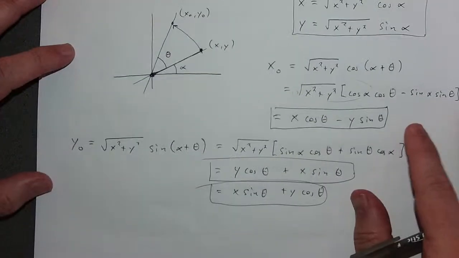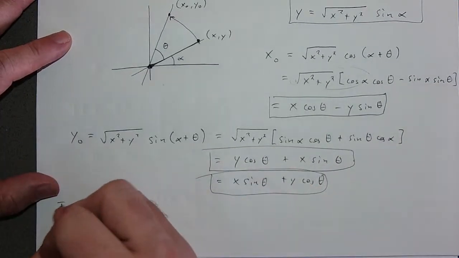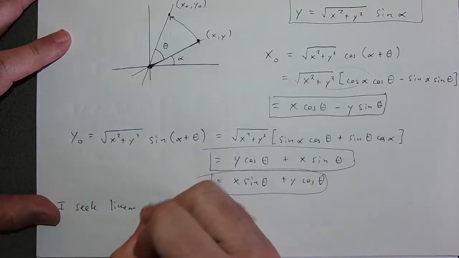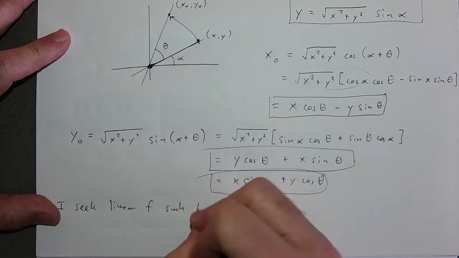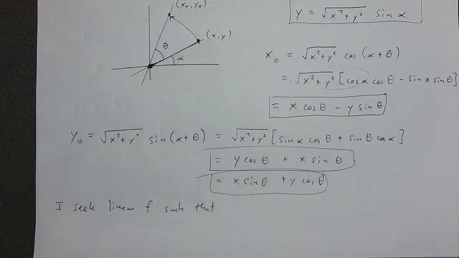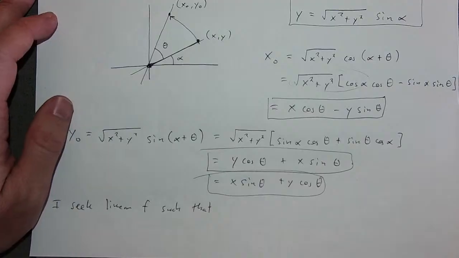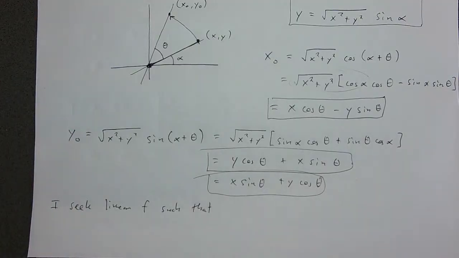So what do I seek? I seek a linear f such that, again, remembering that I have to insert this 1 as an extra placeholder slot so that all this works, although you might start to question yourself and say, well, rotation about the origin absolutely fixes the origin, so I don't have to worry about it in that sense.